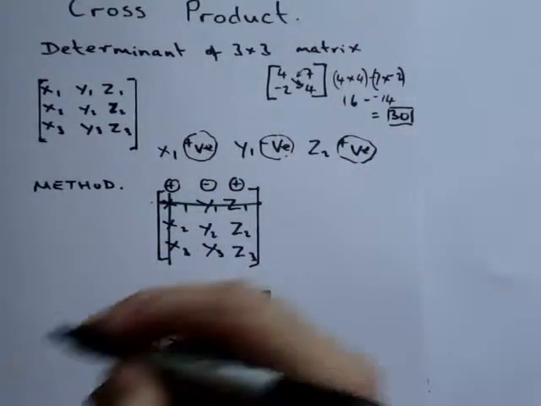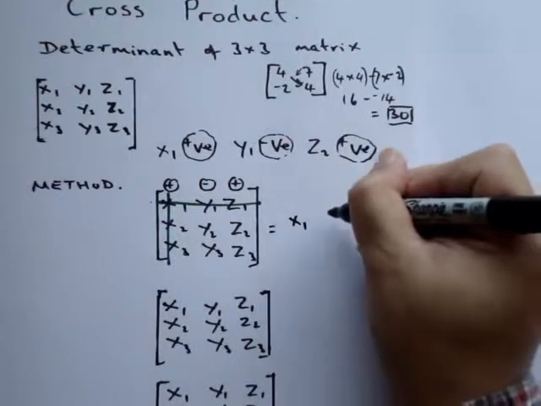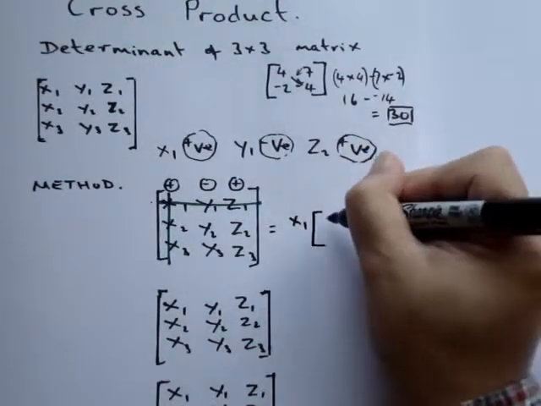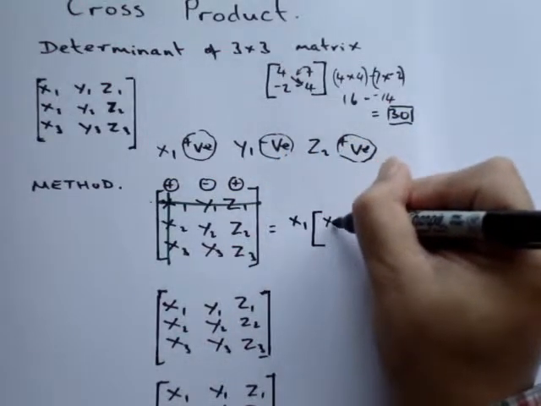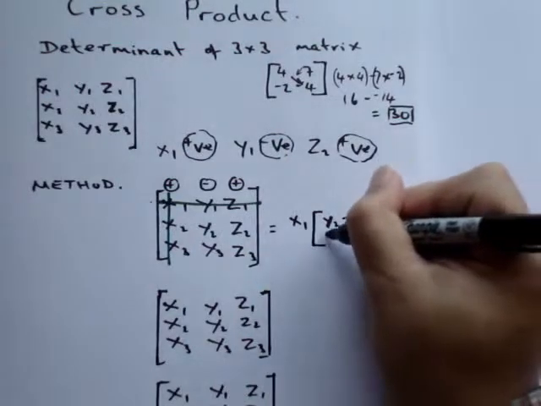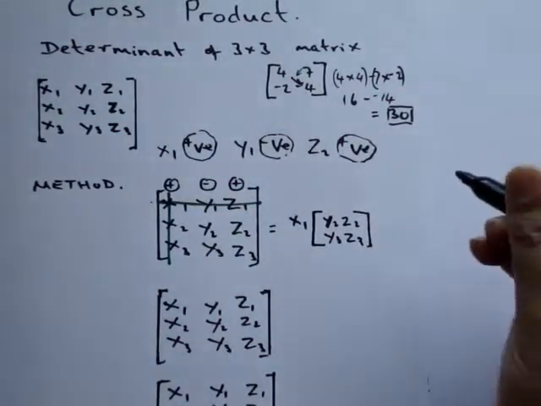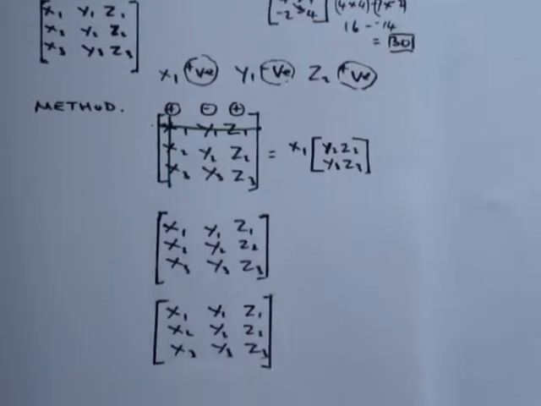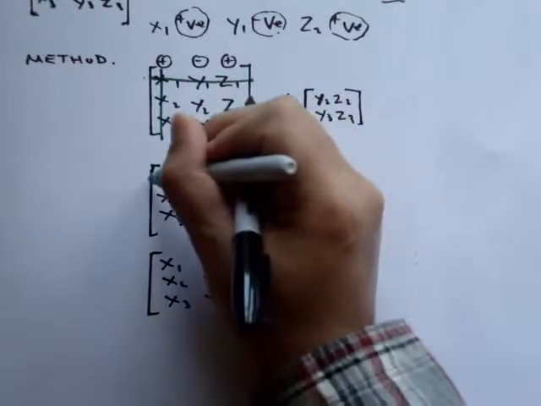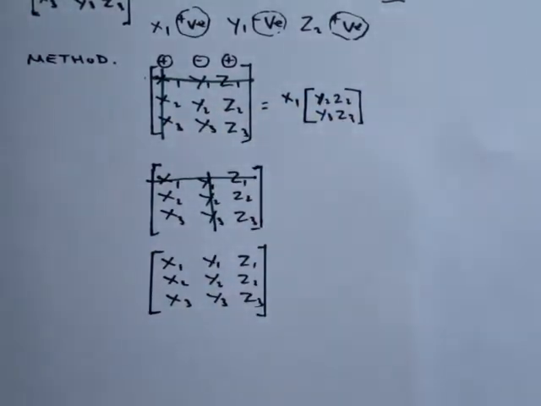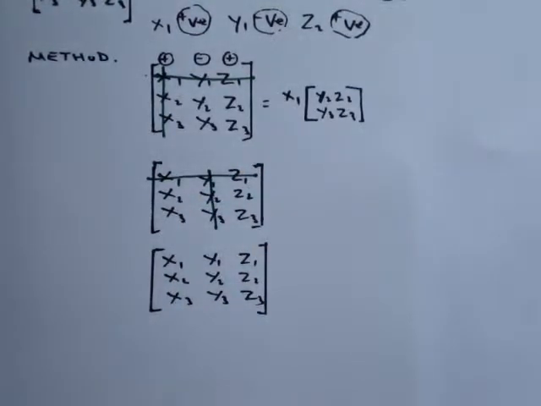Now we do our calculation, so this would be x1 multiplied by the determinant of these four here, which would be y2, z2, y3, z3. Then our second one, we draw a line down and across, and we use x2, z2, x3 and z3 as our 2 by 2 matrix.